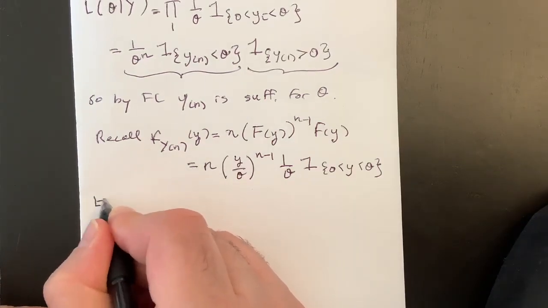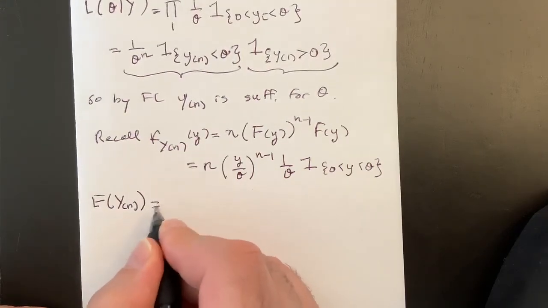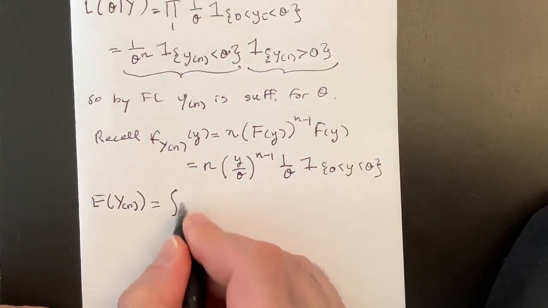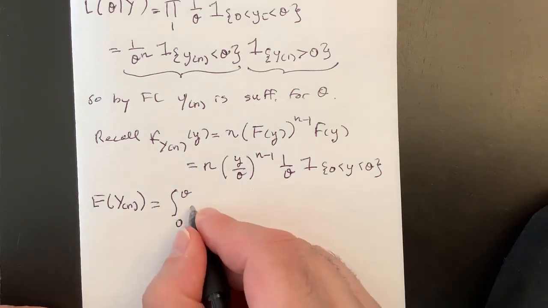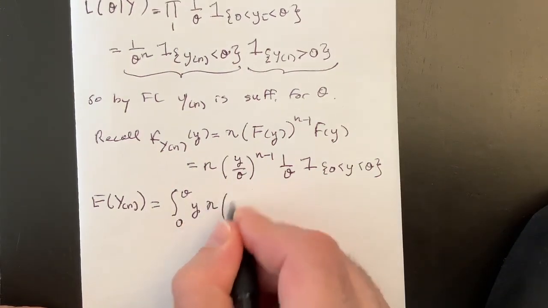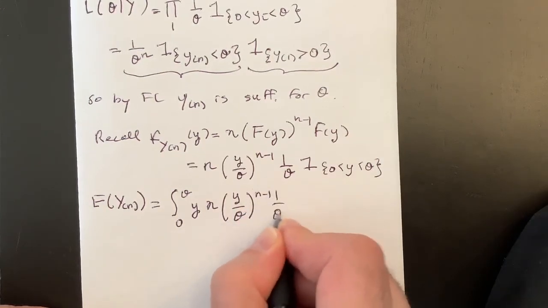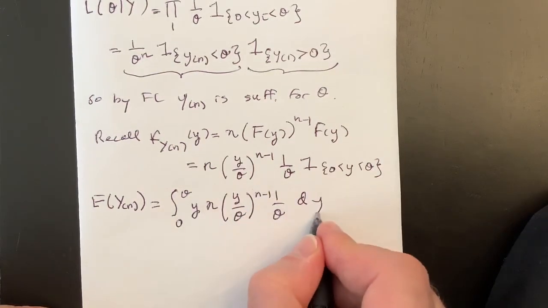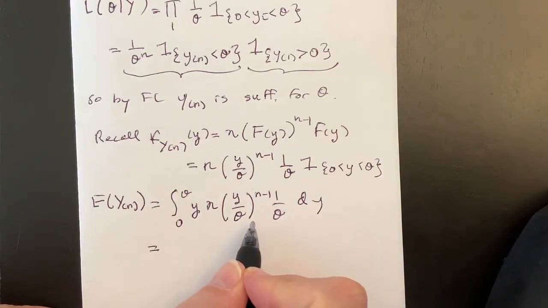And so E of Yn, the expected value, is just the integral from 0 to theta. That takes care of the indicator function. I'll put the rest of this in here with another y. So it's the integral of n (y over theta) to the n minus 1 over theta times y dy.